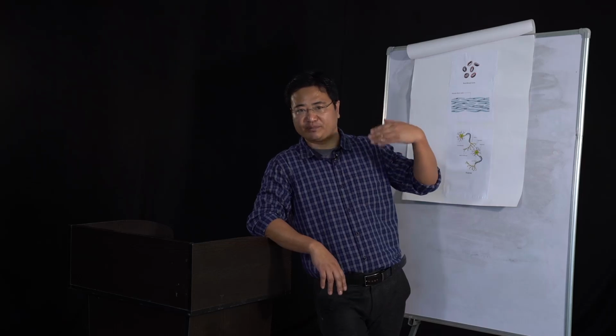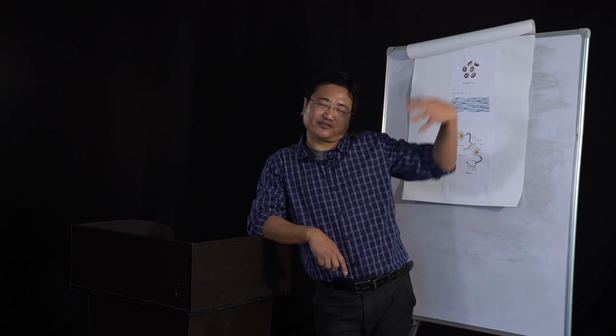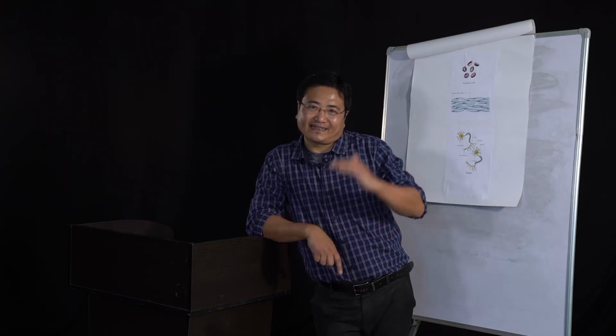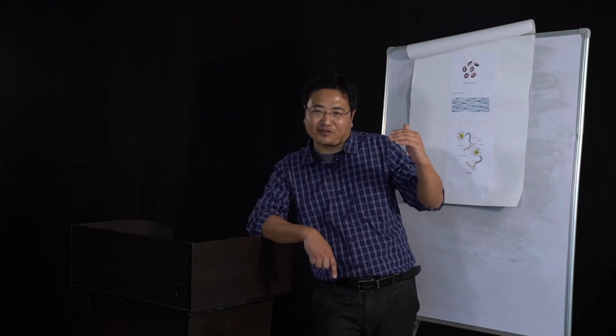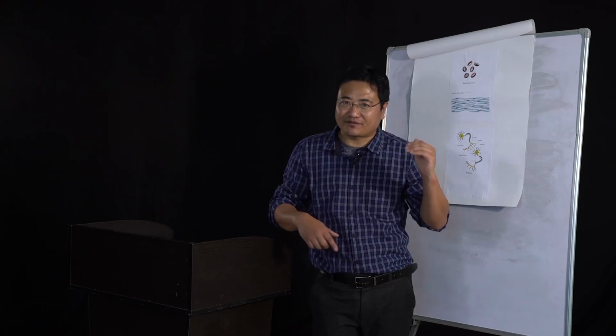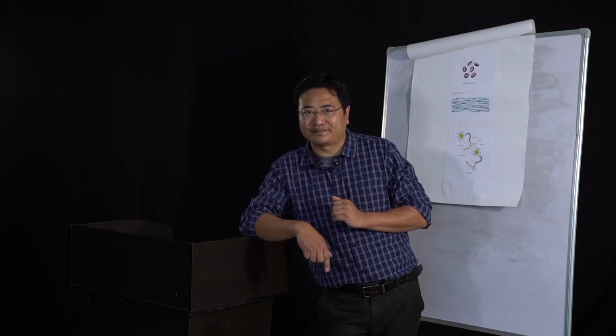Now, let's go back to the beginning of this class, and let's try to recapitulate what we have done. Think about that cork. Who was that person who performed that experiment on a slice of cork in a microscope? Yes, it was Robert Hooke.